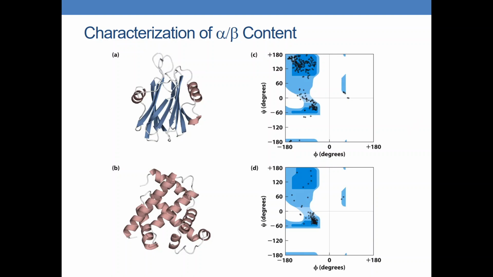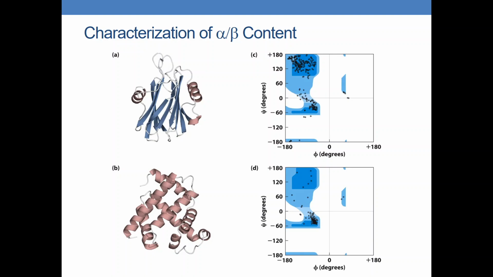And if you remember, all these are rotations about 2 planes. Each of your peptide bonds can be treated as a plane, so you're just looking at the angle between 2 planes. That's all a dihedral angle is.